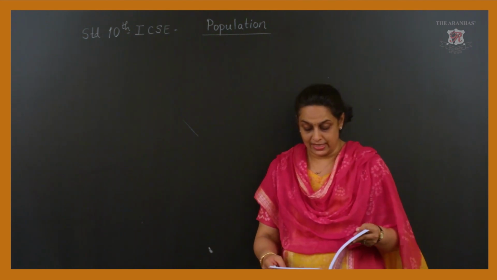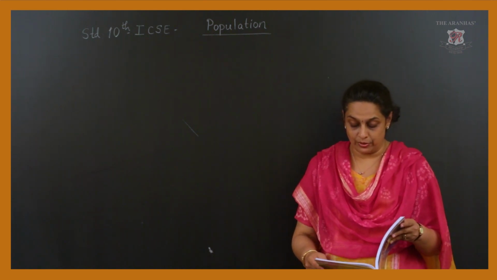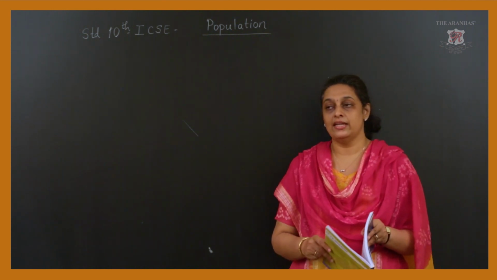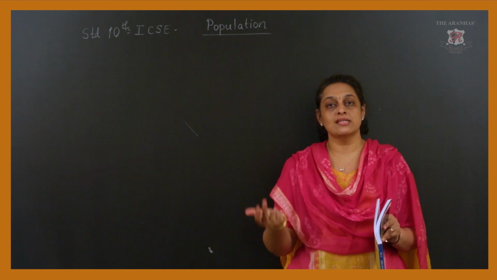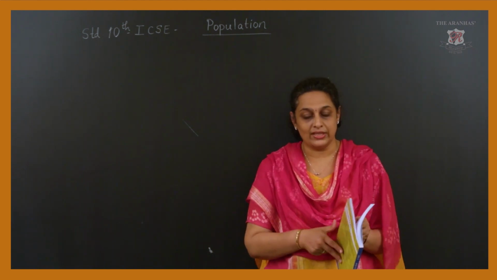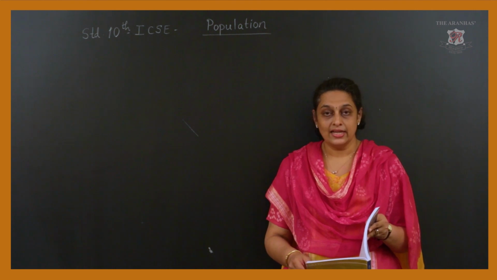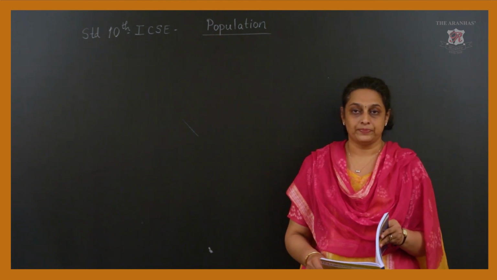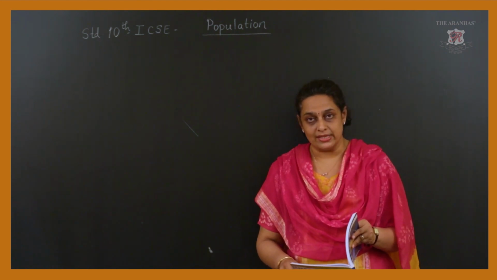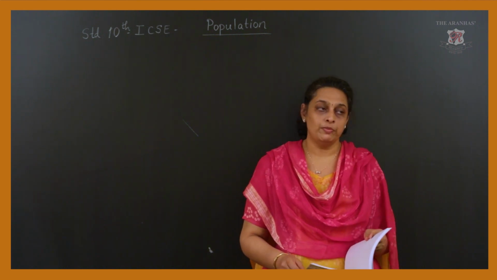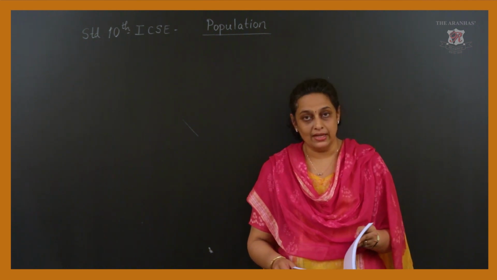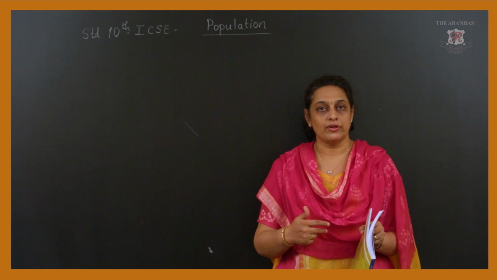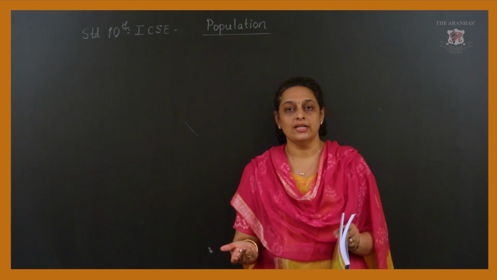So population is nothing but a group of individuals interacting with each other. Obviously in a population, two individuals or a group of individuals interact with each other, and it is an interbreeding group of individuals. Now interbreeding means two individuals, one male and the other female, take part in the process of reproduction and the next generation is born.